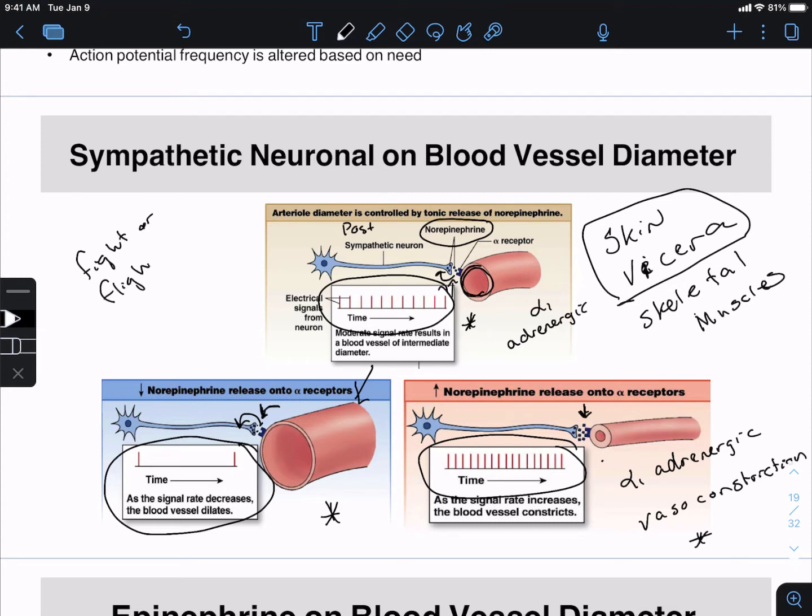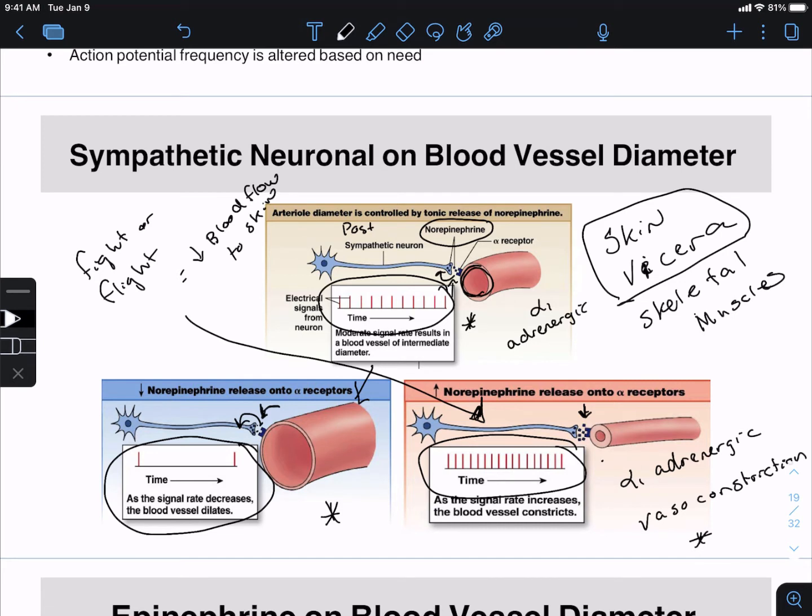We're running away from the grizzly bear, we're going to release a ton of neurotransmitters. It's going to look like this. And so, whoa, wait a second, lots of neurotransmitters being released in the skin and the viscera. What the heck is going on? And what's that going to do? It's going to cause decreased blood flow to the skin and to the viscera, meaning in this case mostly the digestive system and internal organs.